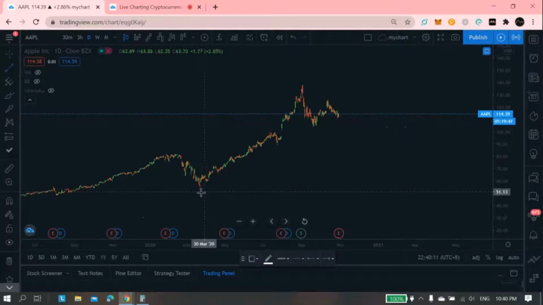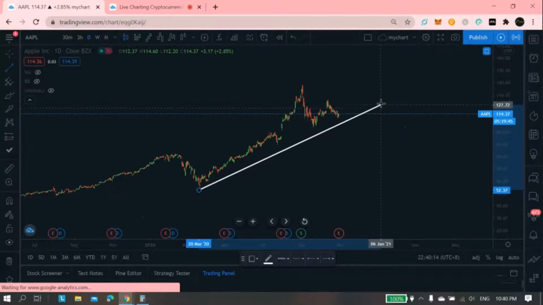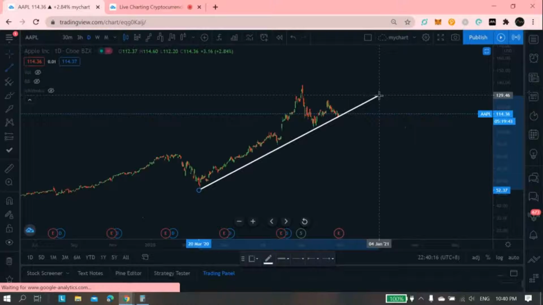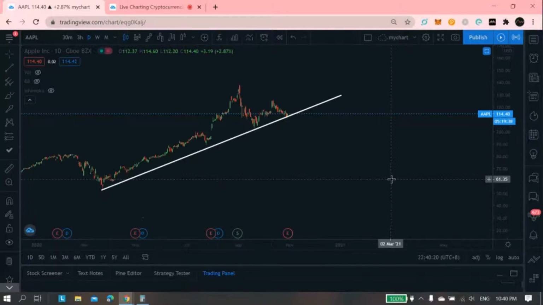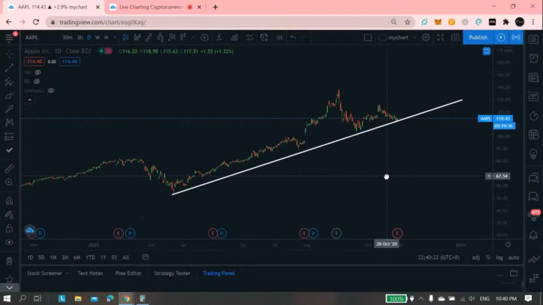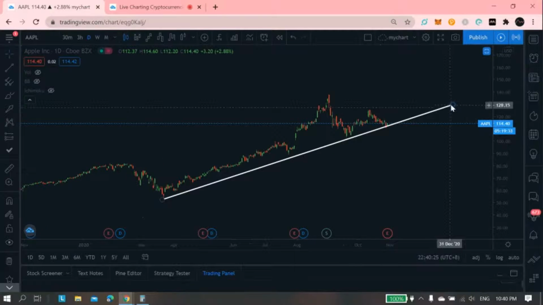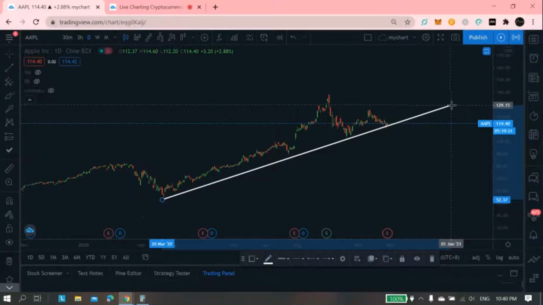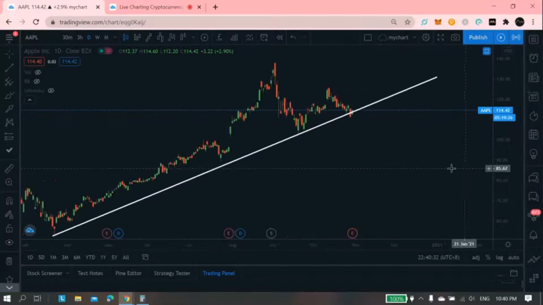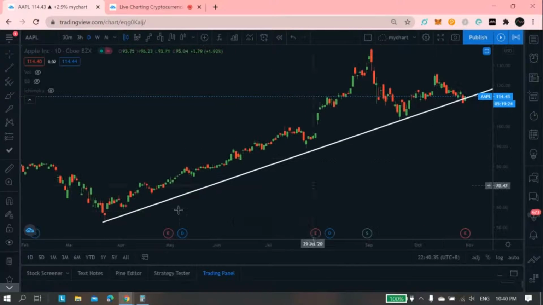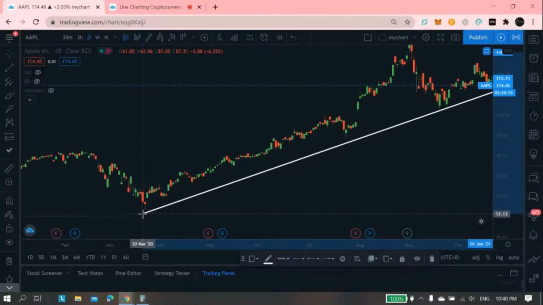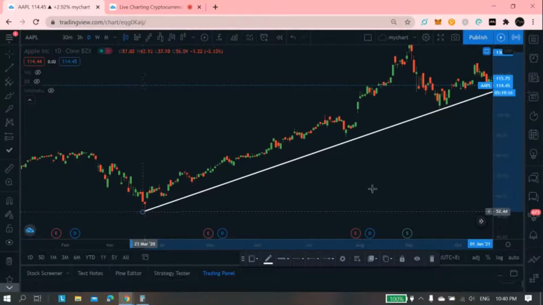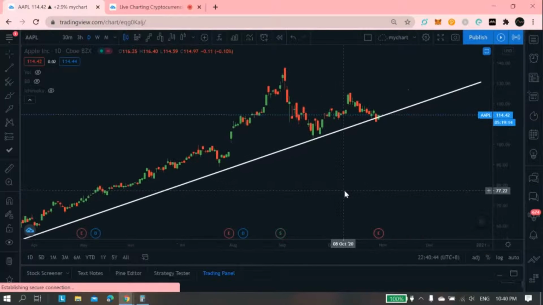We can actually use this as support and plot this area. That one and there.